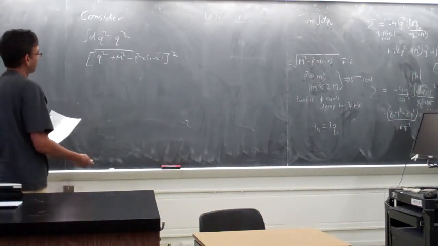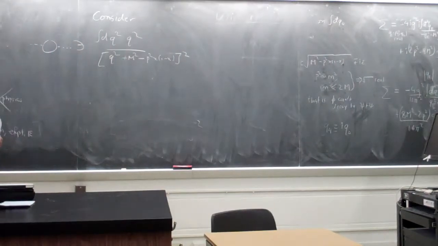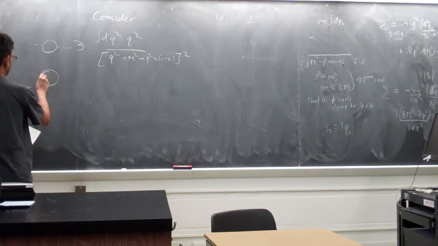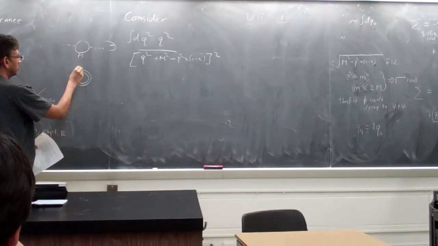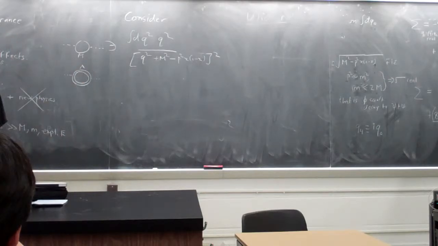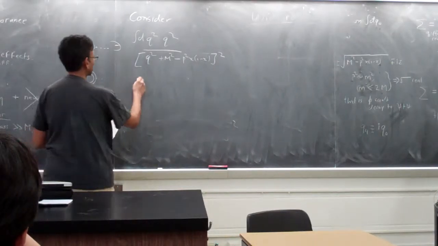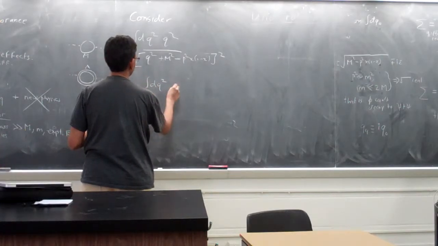This is a piece of this diagram, right? Contains this term. If there was some new particle that coupled to the scalar, here's some, so this is a mass m particle. Here are some super heavy lambda scale particles. Then, in fact, the total contribution to the self-energy of the scalar would look like this, and then there'd be another contribution like so.